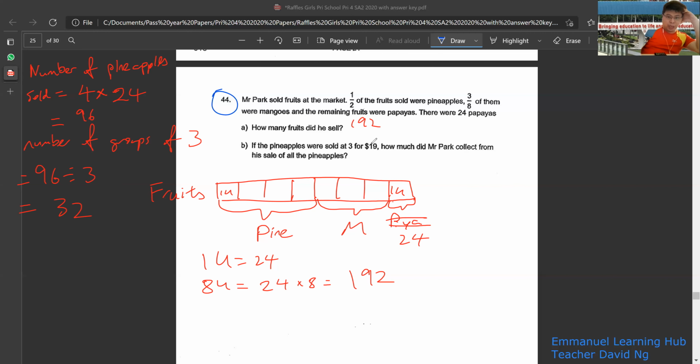So 1 group of 3 is $19, right? Yeah. Okay. You understand why 32 times 19 now? Yes. Can you do this and tell me what's the answer you get?